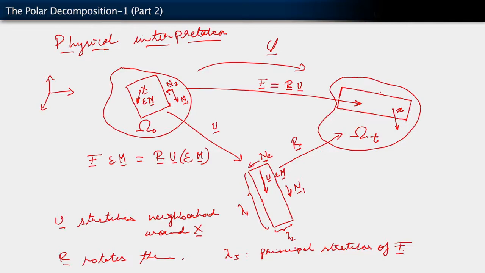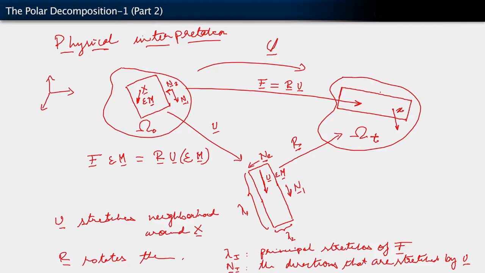Lambda i are the principal stretches, and n i are the directions that are stretched by U. Other directions do undergo some rotation, as we demonstrated for our vector epsilon m.